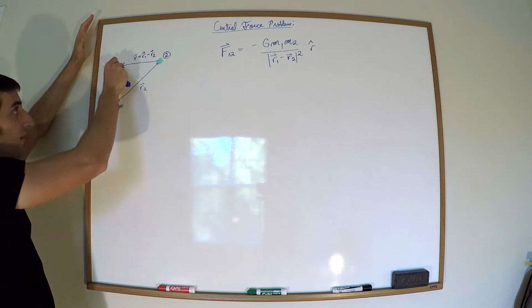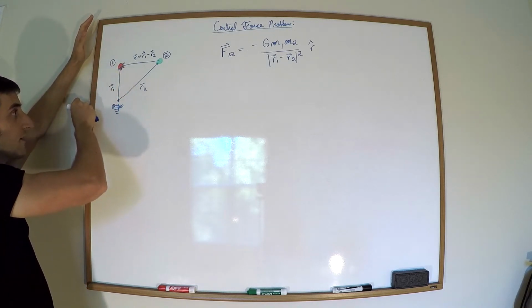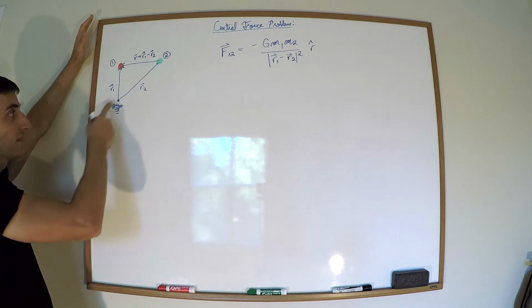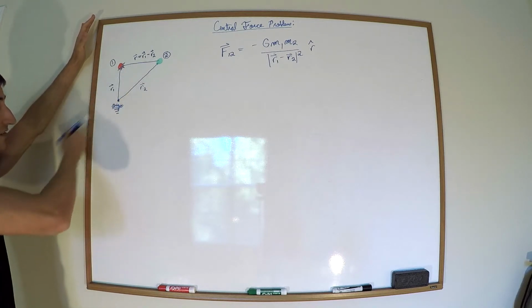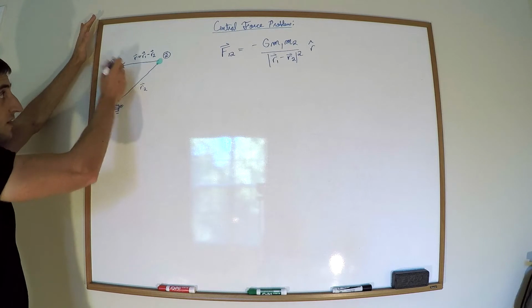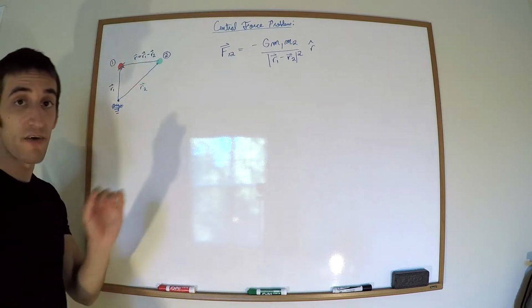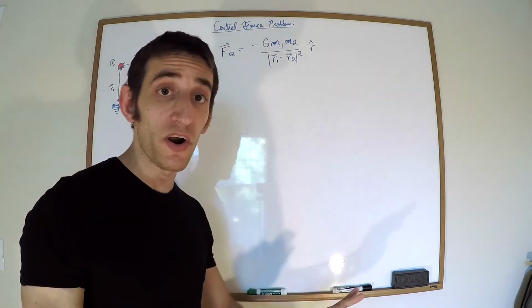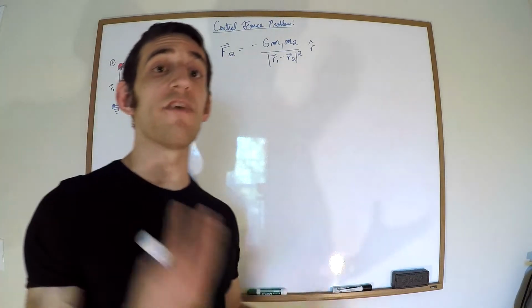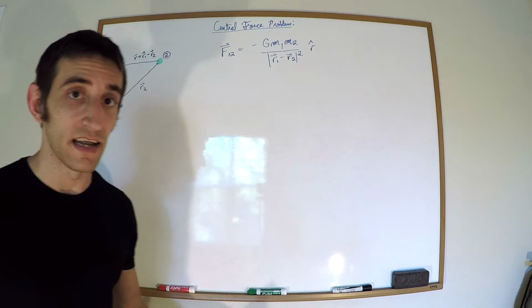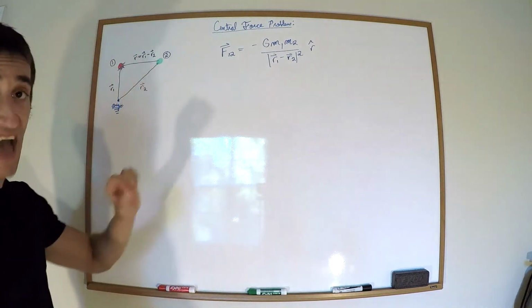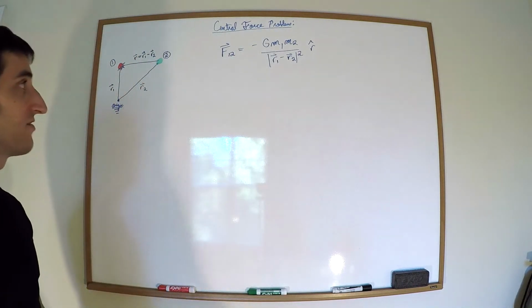So if we go up to the arrow, we would come down here, and then it would look like this. So for that reason, it's pointing in this direction, right? That's why this is always pointing to object 1. So the vector r is always going to be pointing to object 1. That's the convention we're going to use in this analysis, and it's inherent in the vector notation, okay?